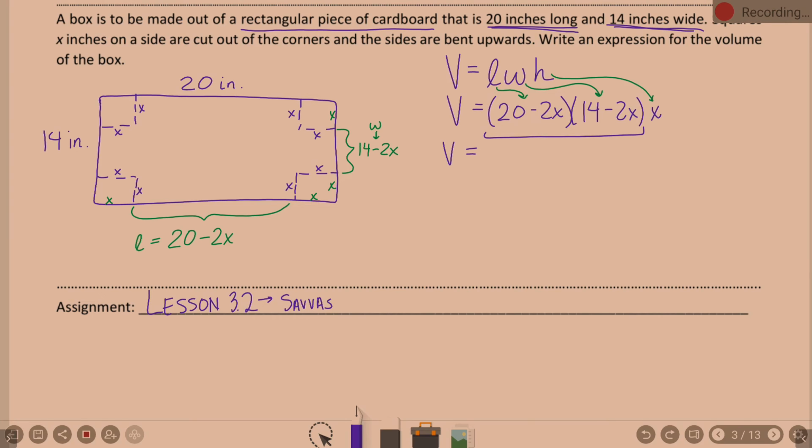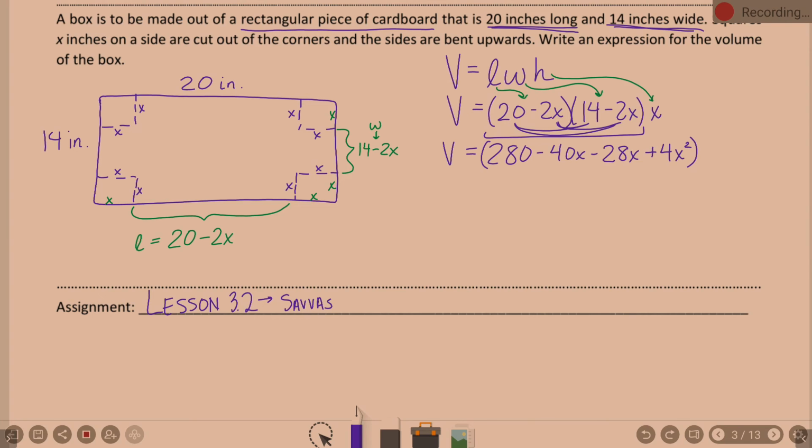20 times 14, 280. 20 times minus 2x, minus 40x. Minus 2x times 14, minus 28x. Minus 2x times minus 2x, plus 4x squared.